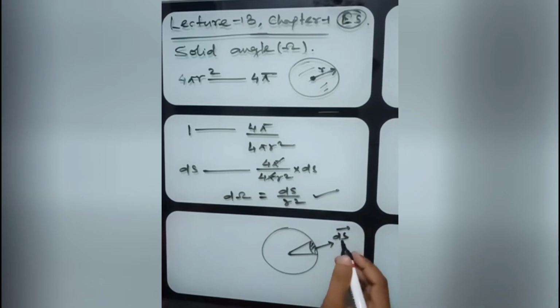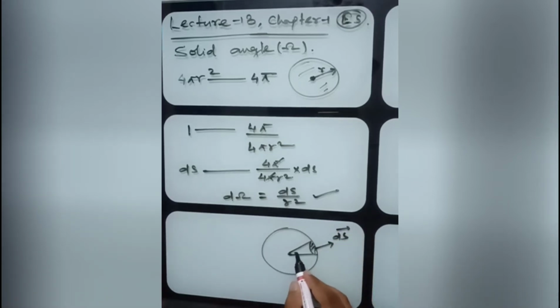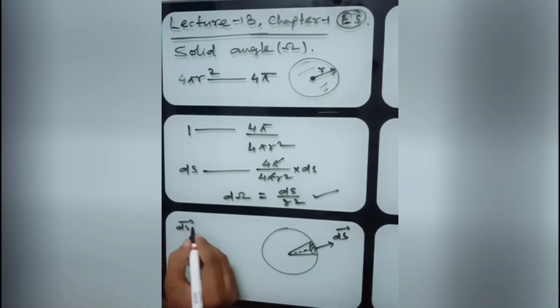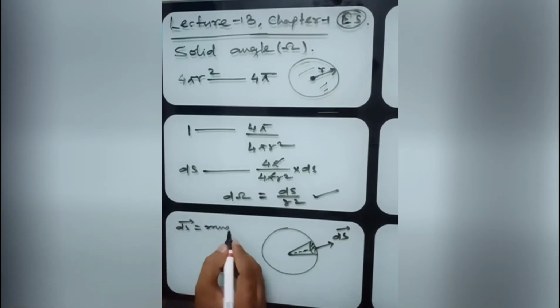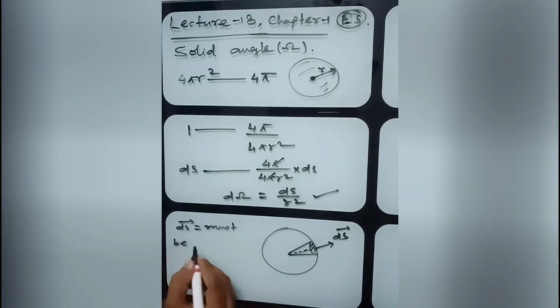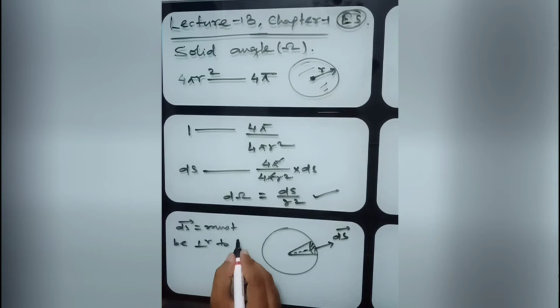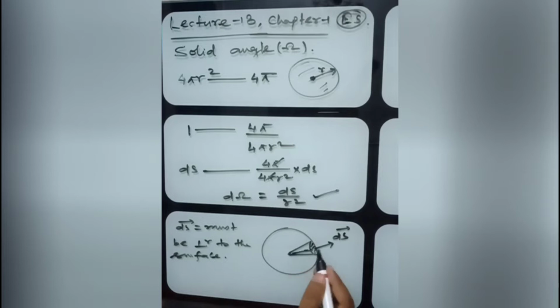Remember, ds must be perpendicular to the surface, and if it is perpendicular to the surface, then the direction will be along r cap, because at each point the surface perpendicular direction will be radially outward.